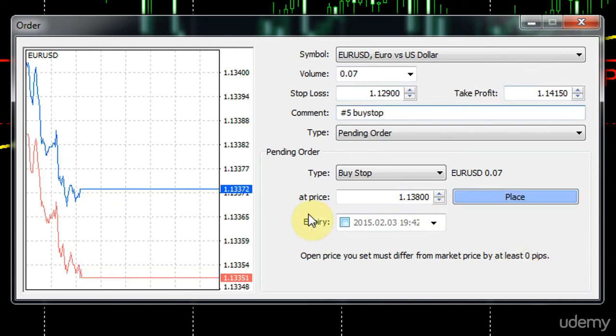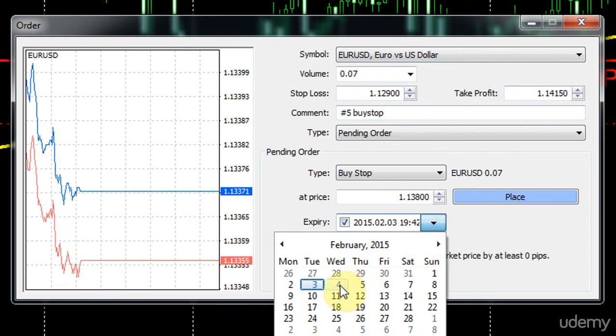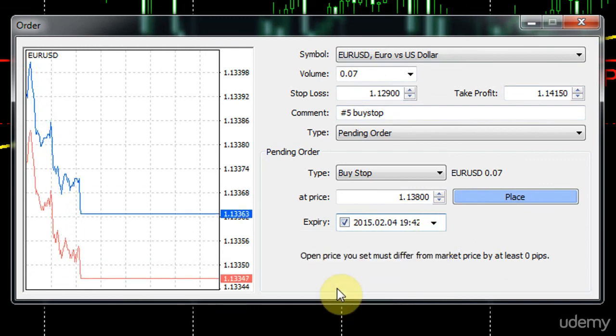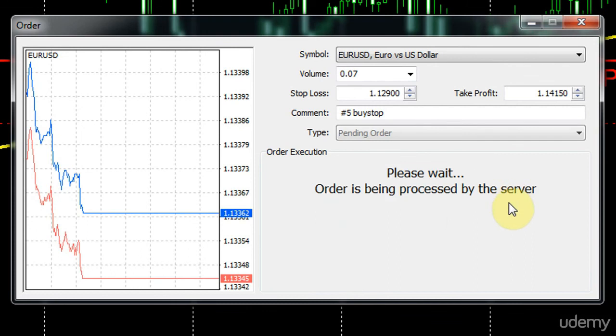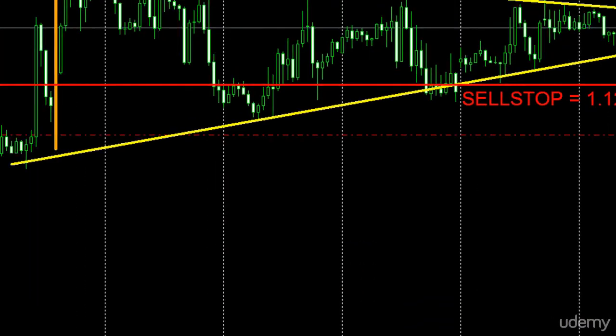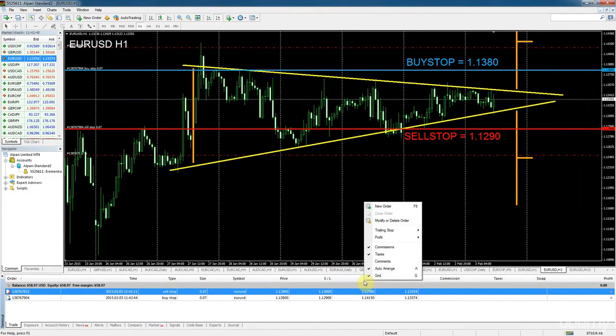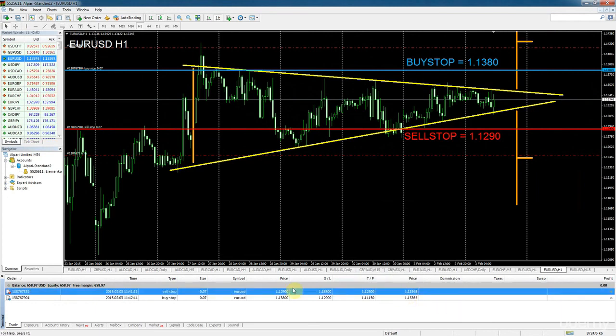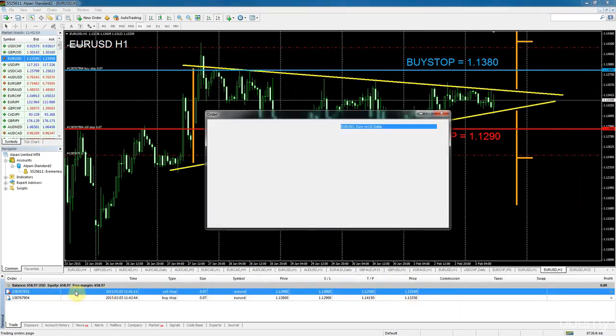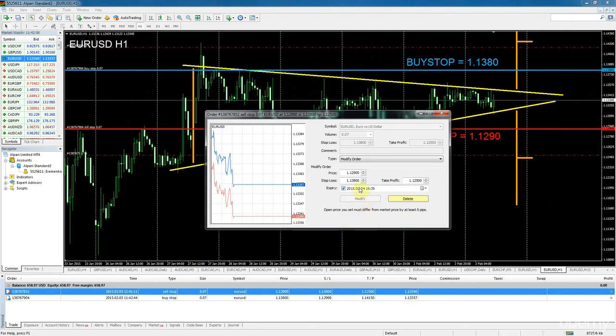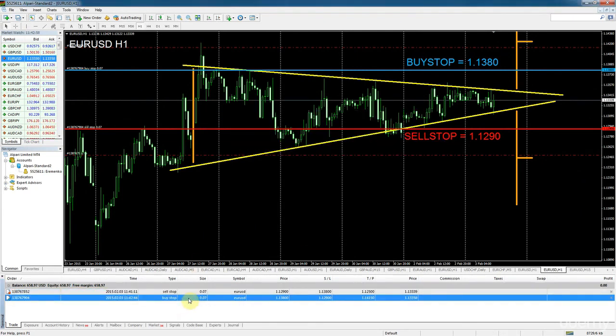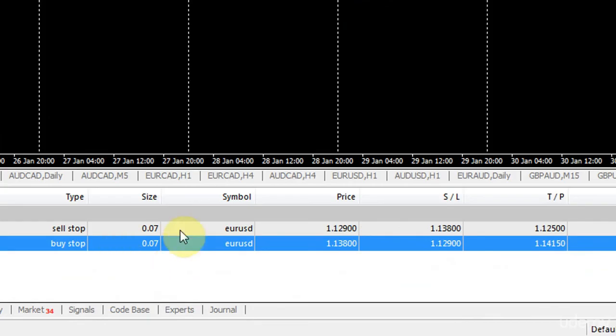And expiry date, same thing, we'll let it expire tomorrow. Place. Okay, so let's just see if we can. Okay, we can't. If you want to see the expiry date, then you have to double click on the order and just check the expiry date. Perfect.